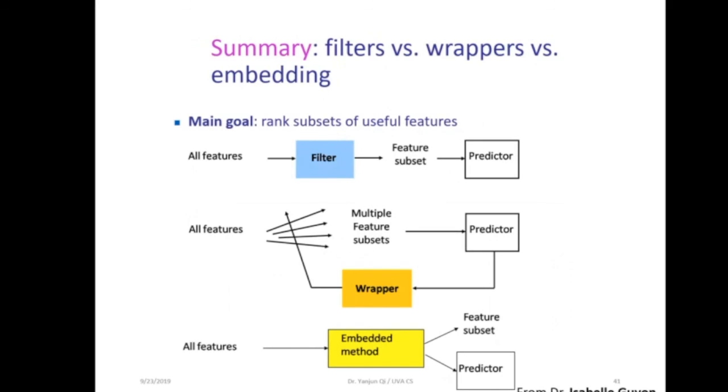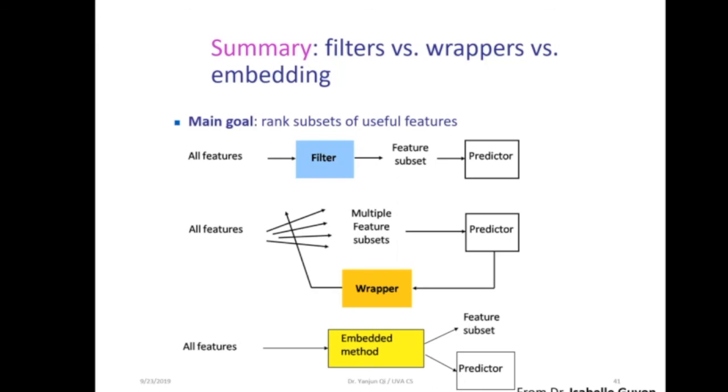All right, to summarize, you have all the features, and you either use a filter-based approach, which isn't coupled with the predictor, or you have the wrapper approach, which uses the predictor as the evaluator to iteratively select features, the most used being greedy forward selection or backward elimination.